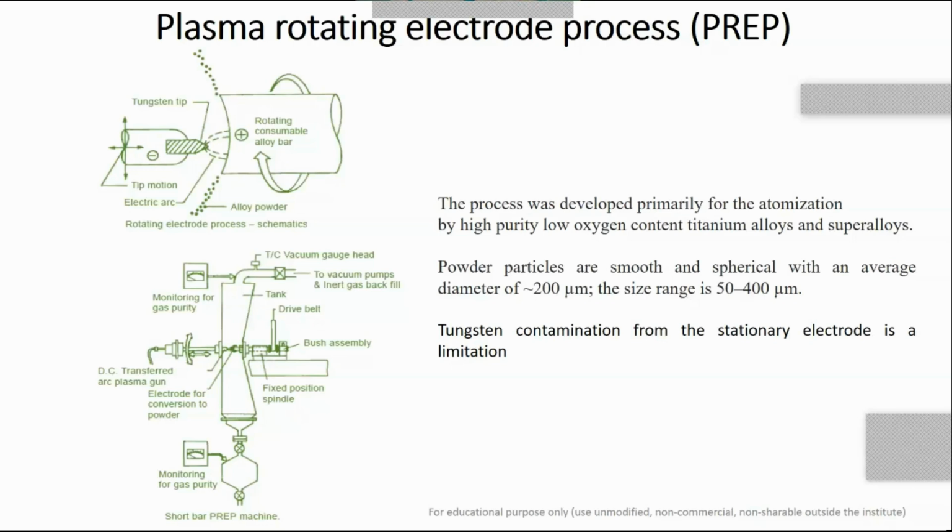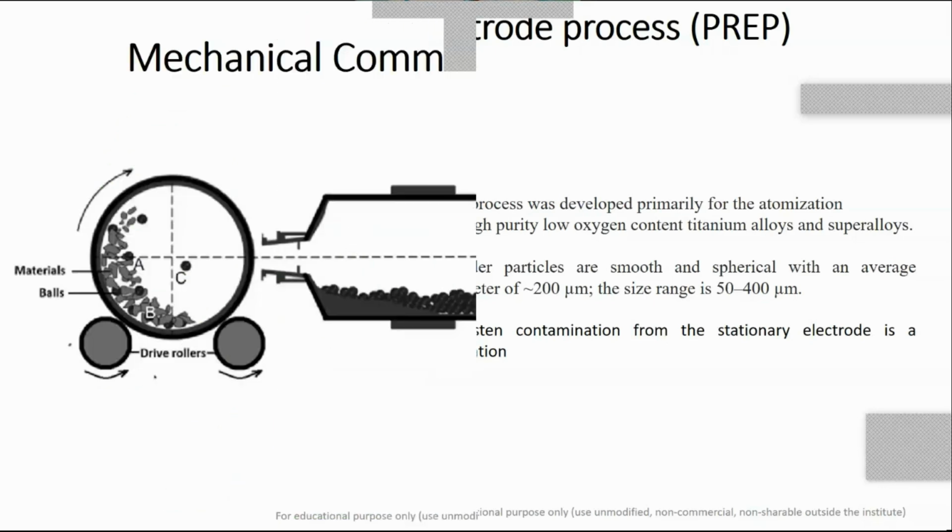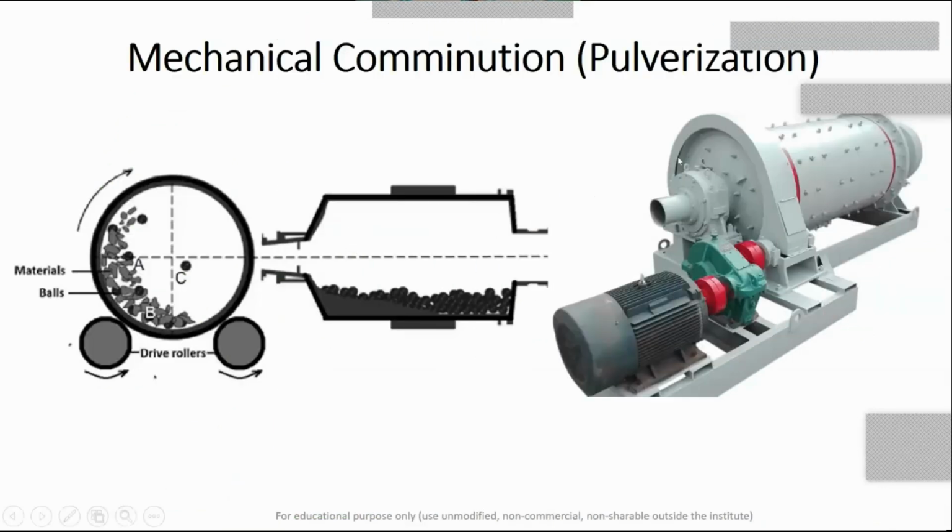And as I've told you, tungsten contamination from the stationary electrode is a limitation. With the course of time, this tungsten electrode will start to degrade and erode, and the fragments from the surface will mix with the powder particles which are generated on the surface of the rotating consumable electrode.